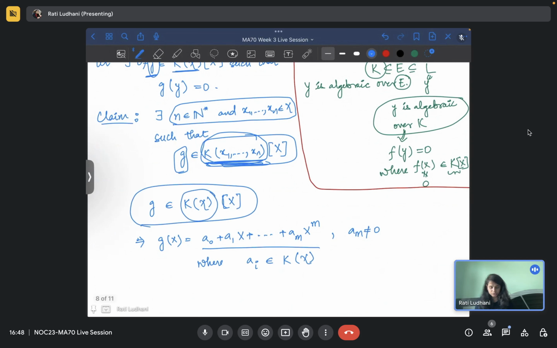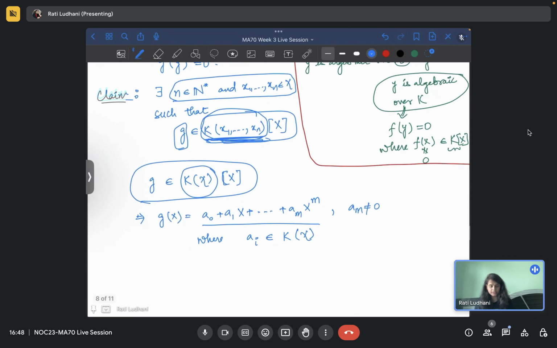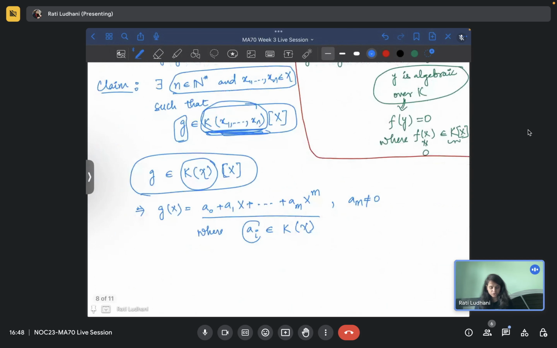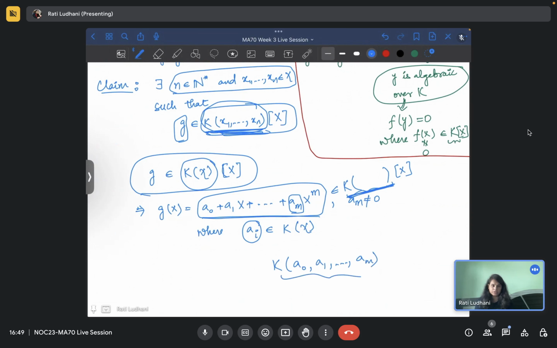So now what you can do, you just take these a_i, because what you want is this polynomial to live in a different field, where the coefficients should belong to this field. So you can just take these a_i, because we just need the a_i to be included in the field, so that this polynomial will be in the field.